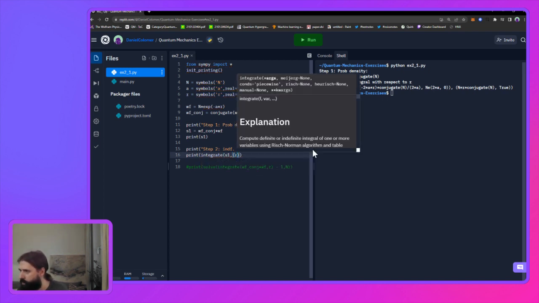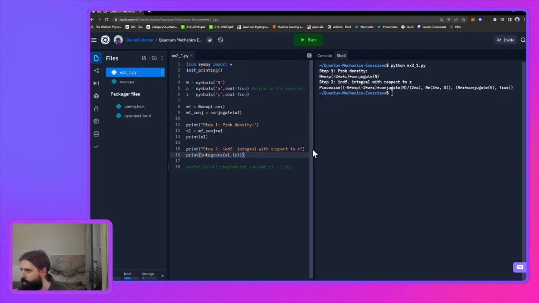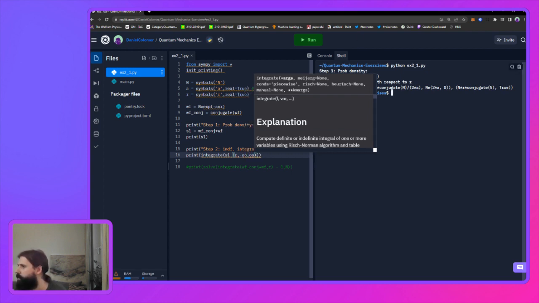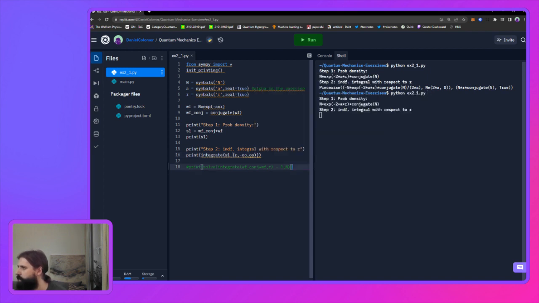Like if I do, I don't know if that's just the way that it's, yeah, I assume that it's implicit. Minus infinity to infinity. Poof, okay.